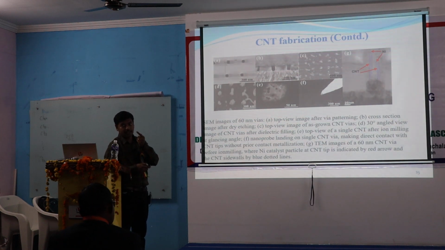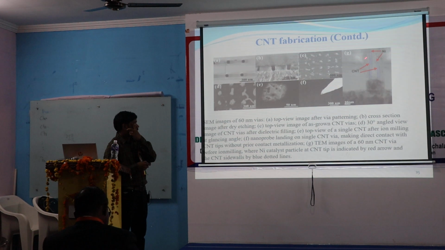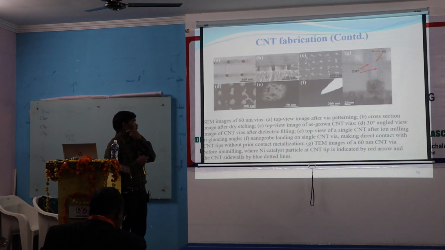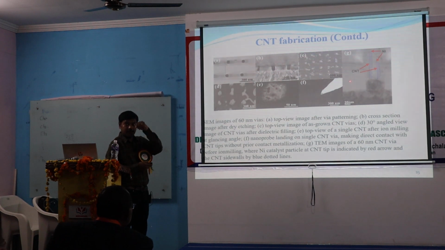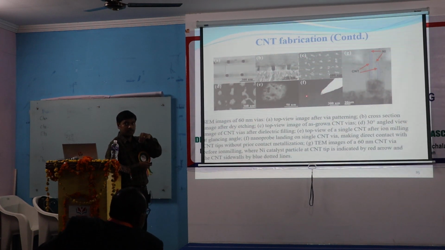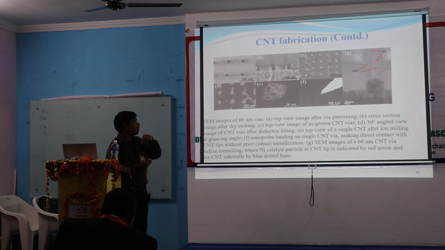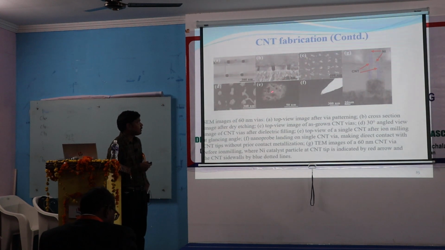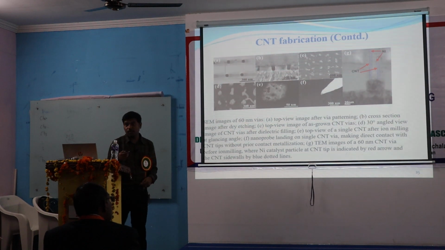Some CNTs you can see. These are the etched parts where we need to put that nickel gel. After that the CNTs will grow like this. After that you can measure it using the electron probe technique.